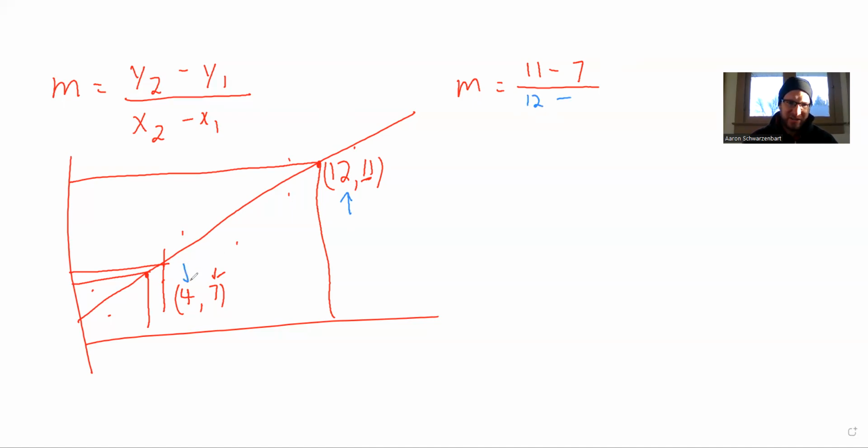And then x1 has to come from the same coordinate as the 7, so the 4. So then I simply subtracted: 4 over 8 equals 1/2, or we converted them all to decimals by using our calculators, 0.5. So today we're talking about a unit rate.